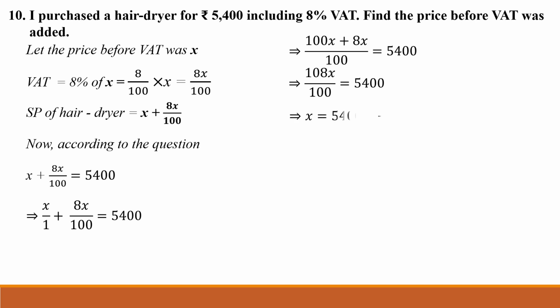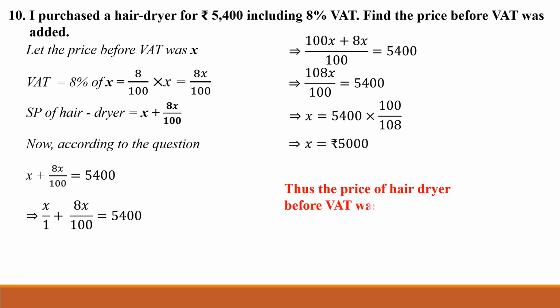So we get the value of x as 5,400 multiplied by 100 upon 108, which on simplification gives us the value of x as rupees 5,000. So the final answer is that the price of the hair dryer before VAT was added was rupees 5,000.